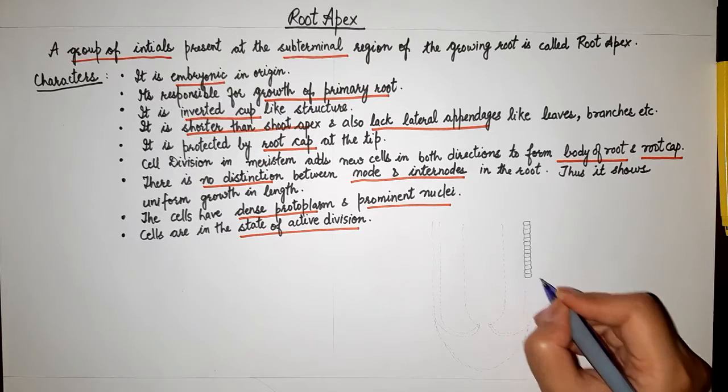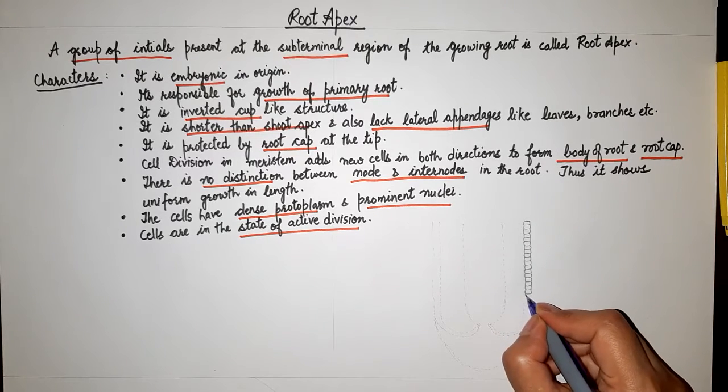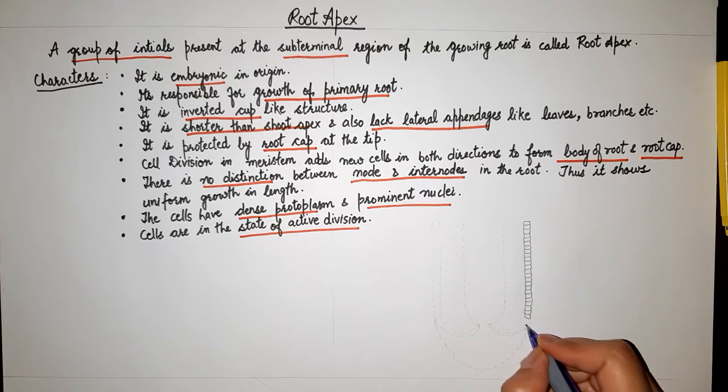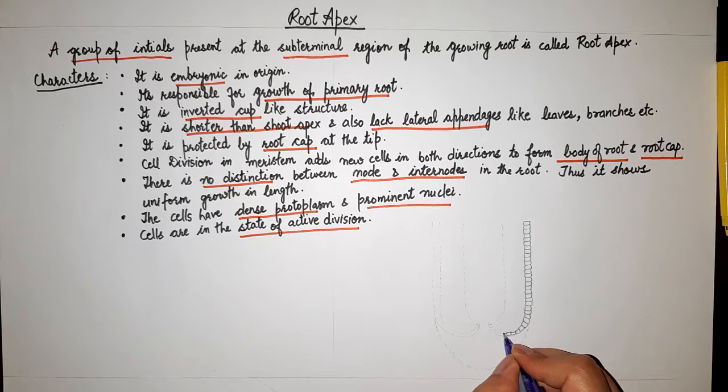So between these two lines we will make the rectangular cells. As we move towards the center, they will become slightly squarish, and we will meet in the center where you have to draw two initials.